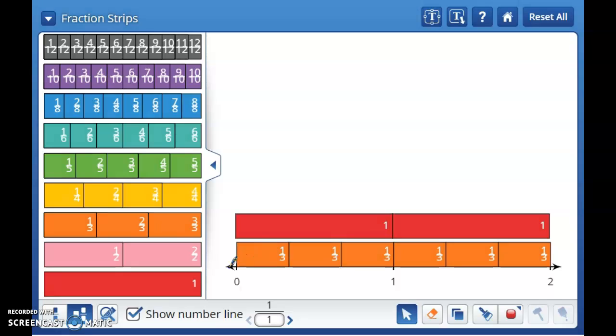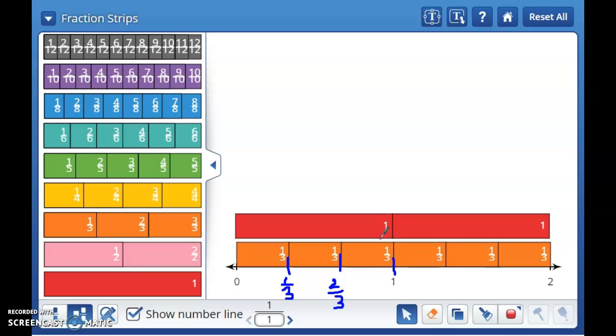So we know from 0 to the end of this tile is 1/3. Now we have 1/3, 2/3. From here to this tick mark is 1/3, 2/3.